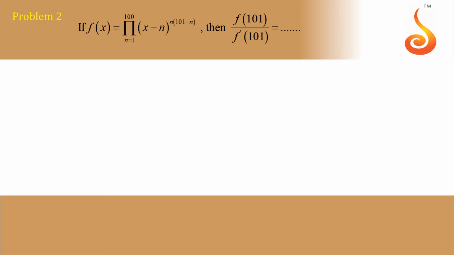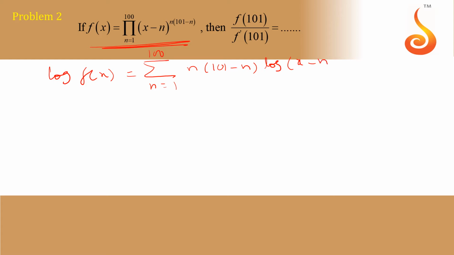So here, for the given function, I apply log on both sides. The important thing here is, when I apply log on both sides, that product will become sigma. So sigma n = 1 to 100, n(101 − n) log(x − n).